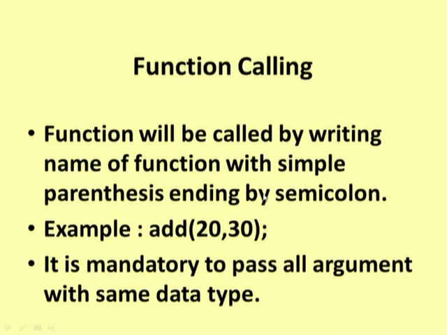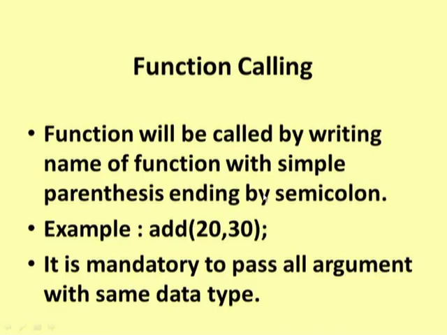Now the function prototype is complete, the function definition should be written by us, and now how to use this functionality. So for example, in my C program, I write the prototype for the function, then I complete the main, and then after that I write the body for each and every function. For example, add and multiplication function body I mentioned. Now how to use this add and multiplication functionality.